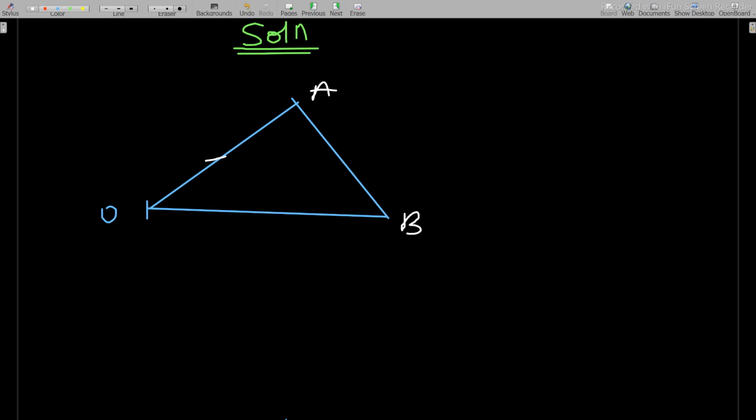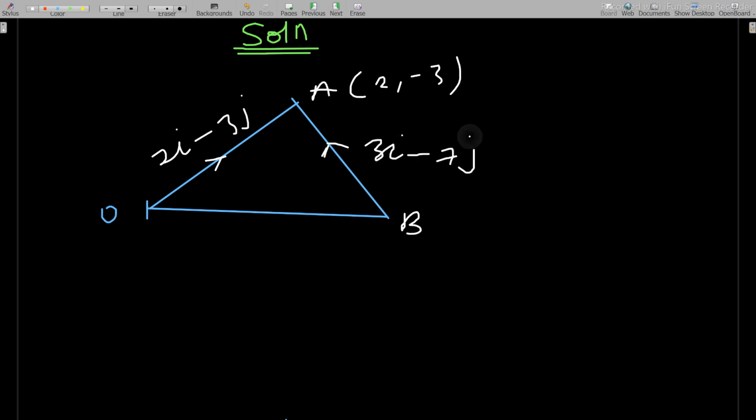You are saying that the coordinate at A is 2, -3, which in Cartesian coordinates will be 2i minus 3j. On that line, this is what we have. Then AB is also given in the question as 3i minus 7j.